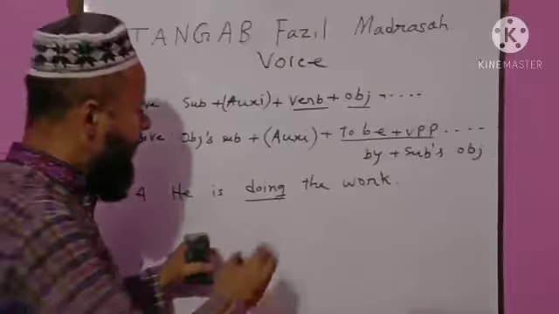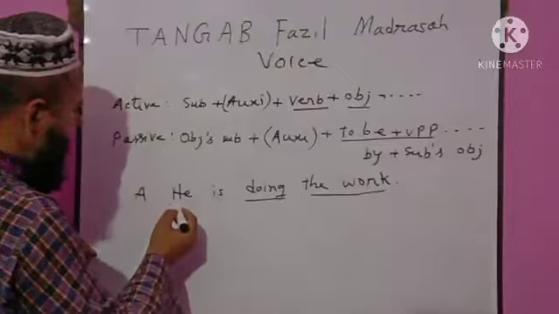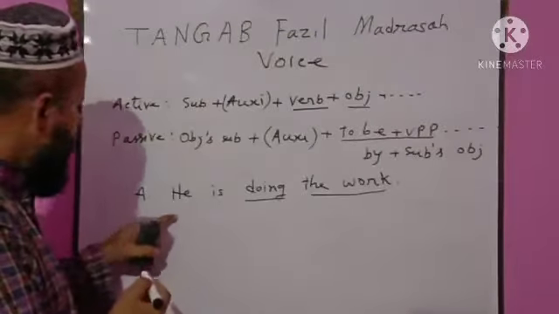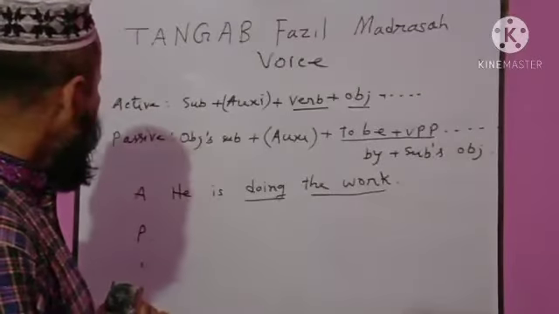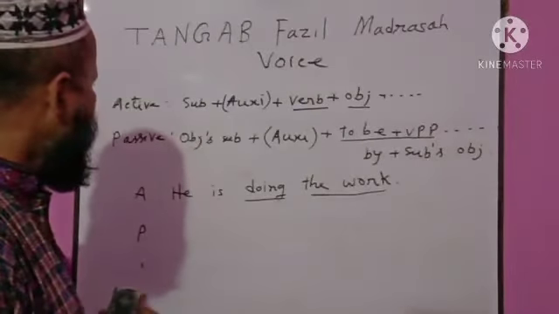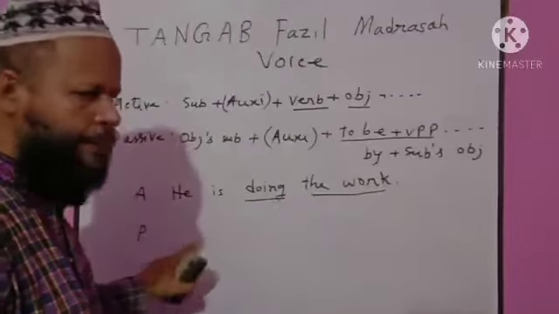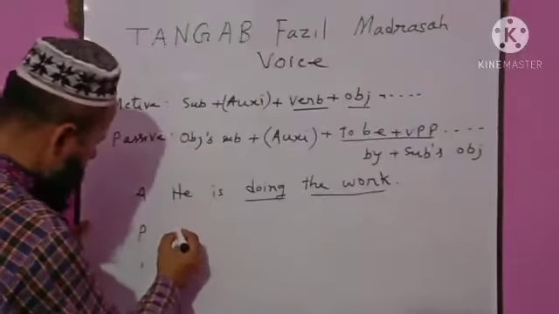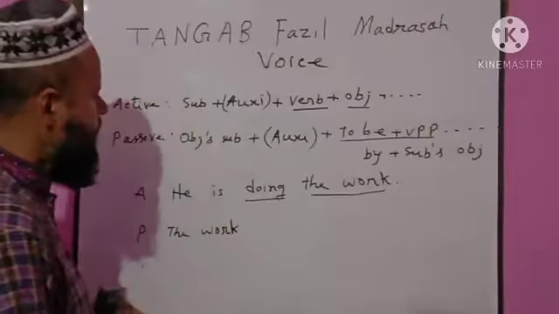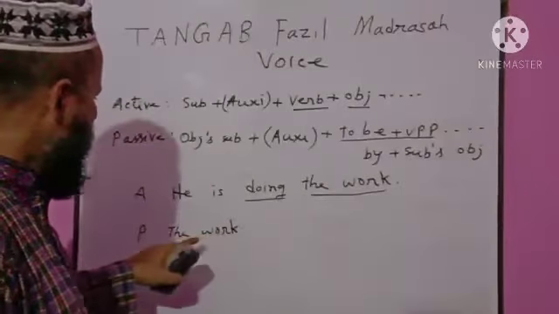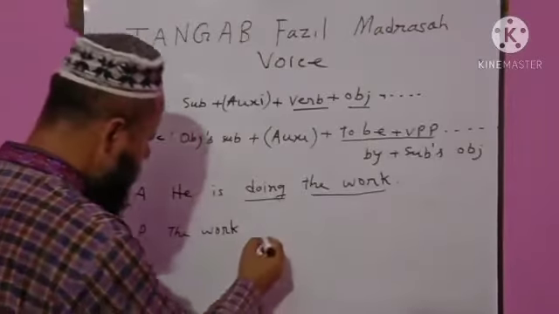After the main verb there is the object, and at the beginning of the sentence there is the subject. We'll change the active voice into passive voice. The object will be subject: the work. Object will be subject at first. Then the given auxiliary is.